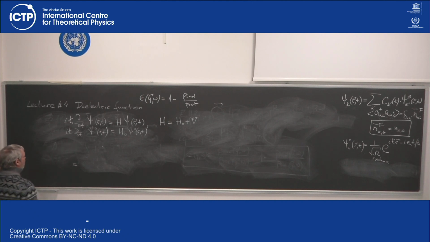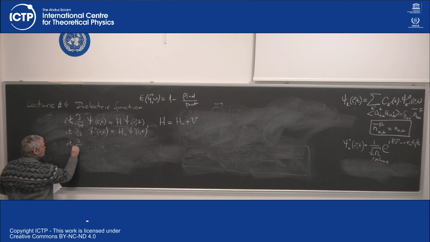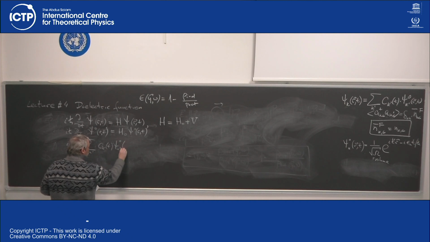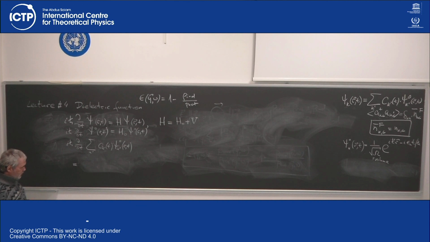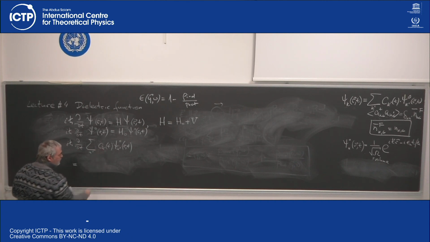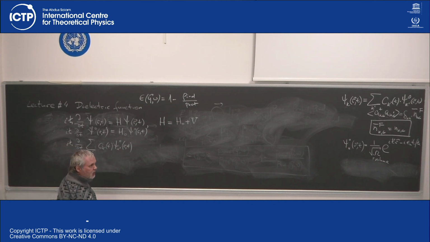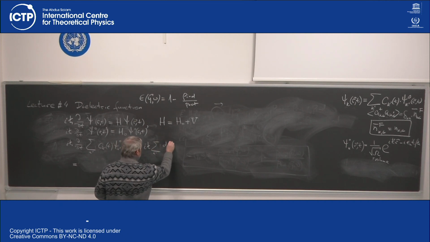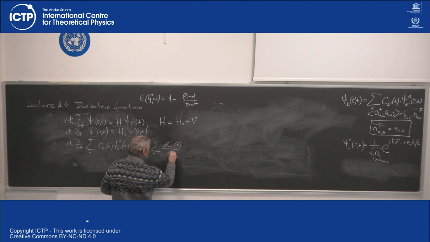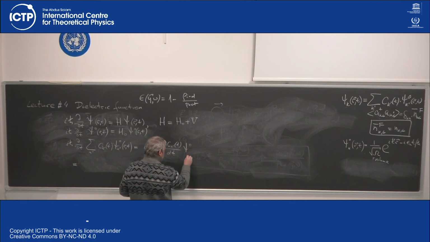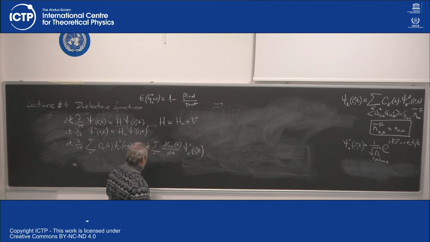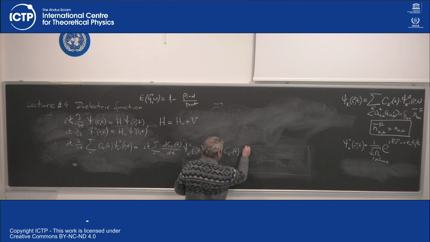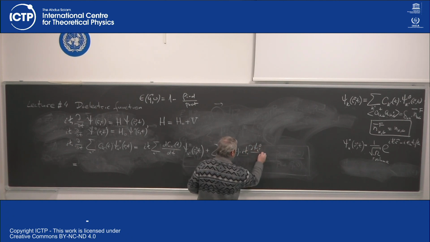I'm writing i h bar d over dt of the sum over k prime of c_k'(t) psi_k'^0(r,t). So this is the left-hand side of this equation, and let me massage it a little bit. I have a time derivative. Since both terms depend on time and I have a product, I need to differentiate each term. First is i h bar sum over k prime of d c_k'(t)/dt times psi_k'^0(r,t), plus the second term, sum over k prime of c_k'(t) times i h bar d psi_k'^0/dt.